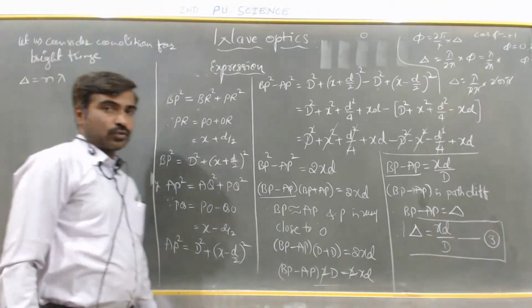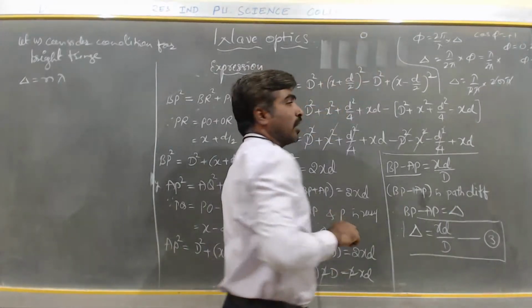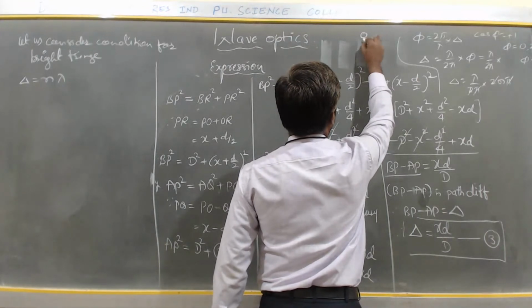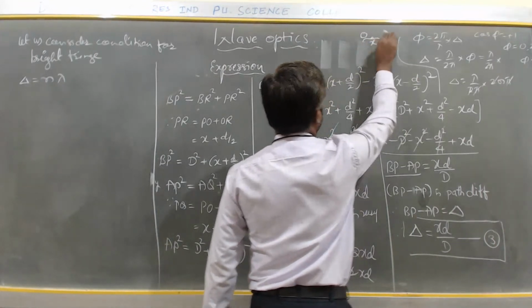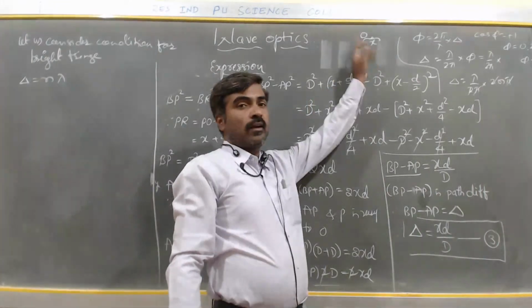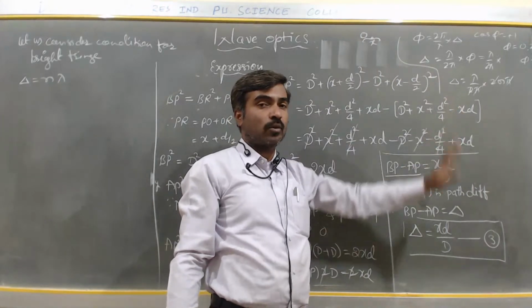But where to substitute? We know that if this is the central bright fringe, the next fringe is at a distance of x, according to the previous diagram I have shown. At a certain point P, at a distance of x, another fringe has been obtained.